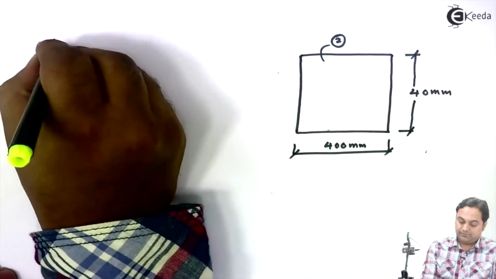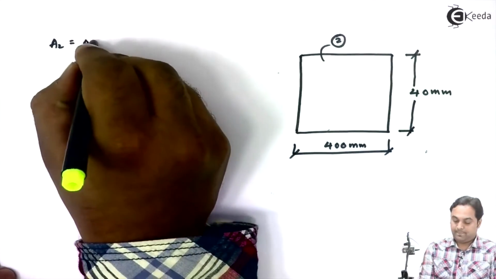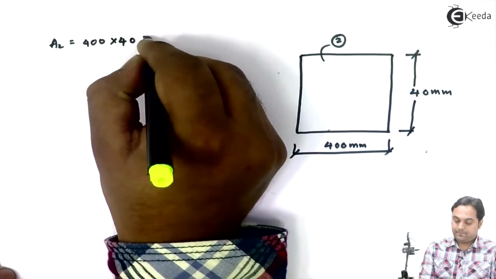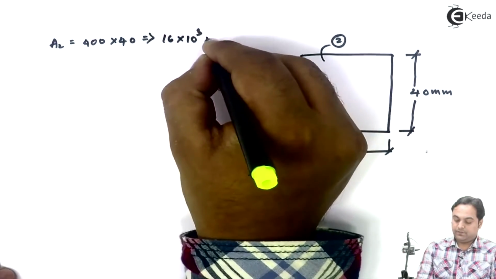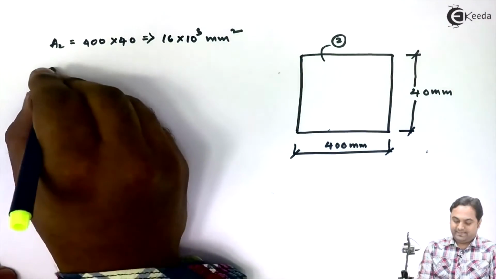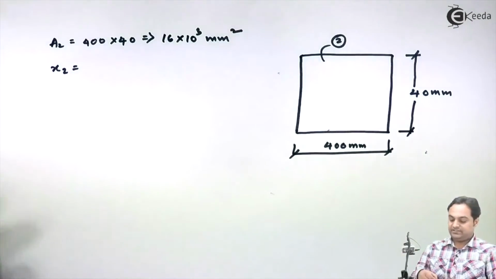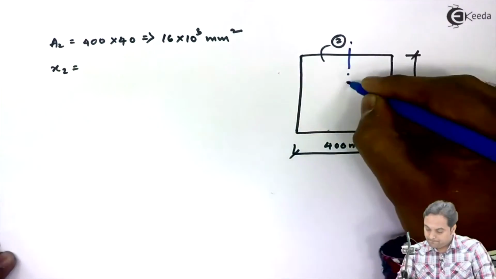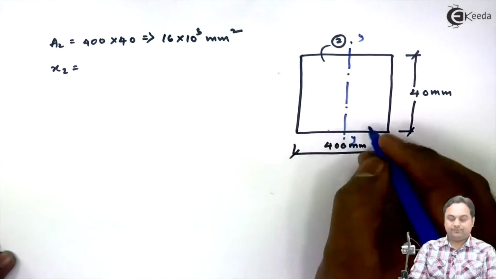So area 2 becomes 400 into 40, that is 16 into 10 raised to 3 mm square. x2 is the location of y-axis, and that will be exactly at half.